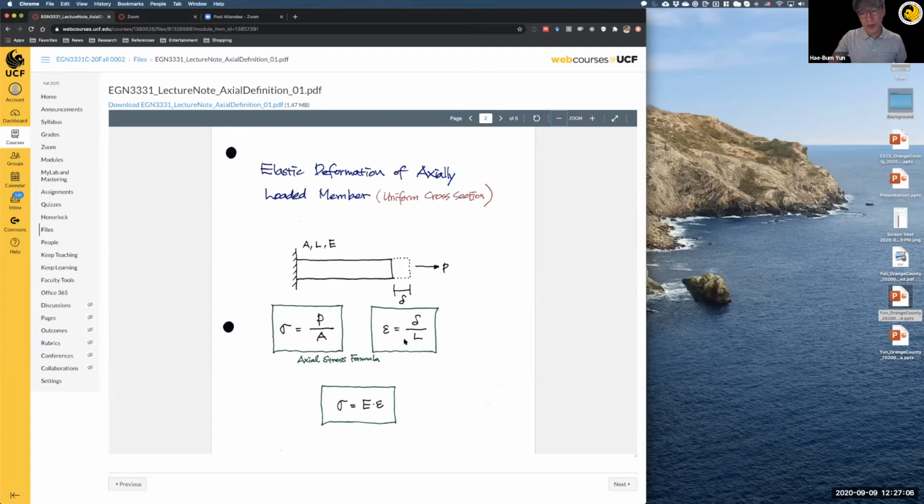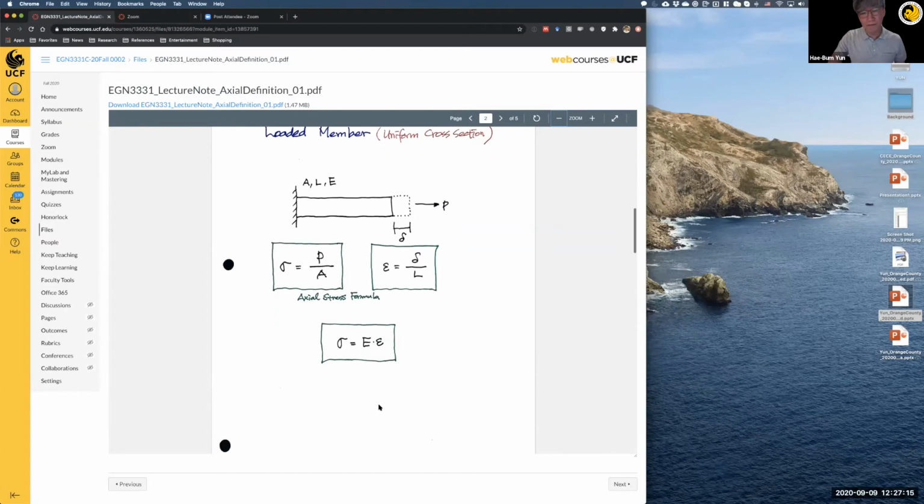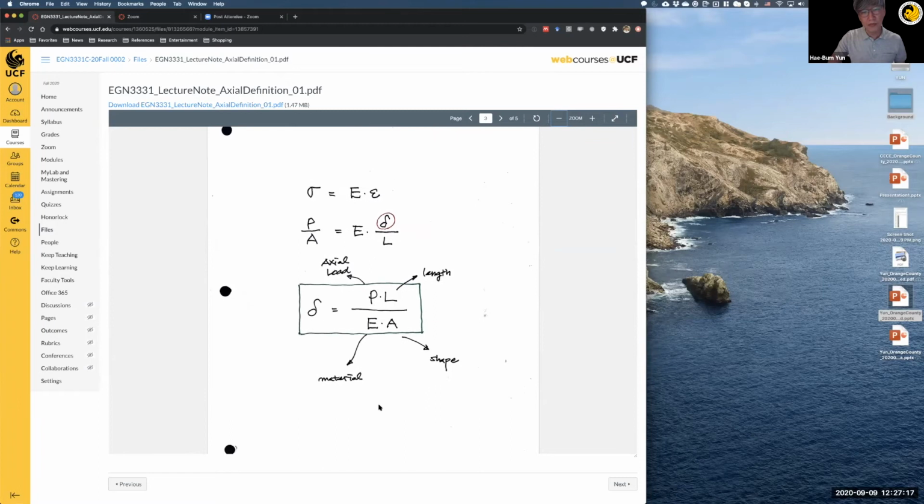So we plug in P over A here and delta over L here, right? Then we want to solve for delta as a result of this P. So delta can be calculated as this: delta is equal to PL over EA.